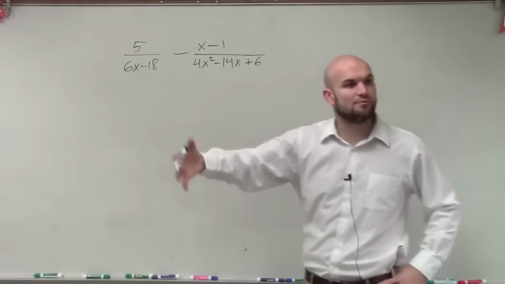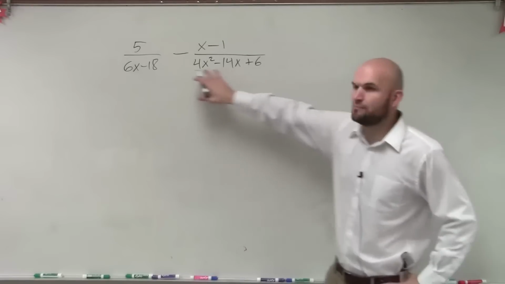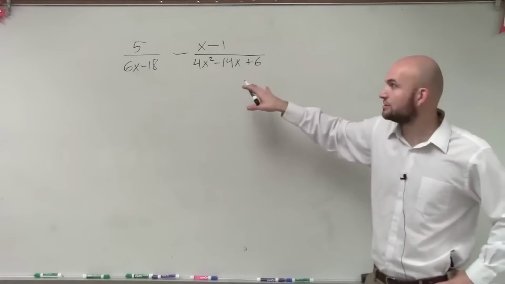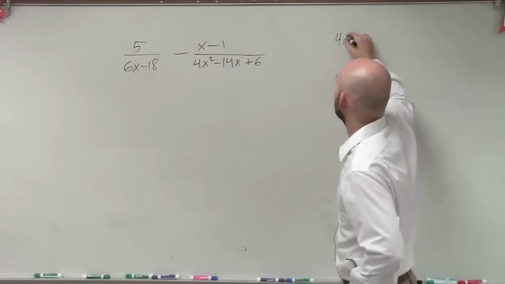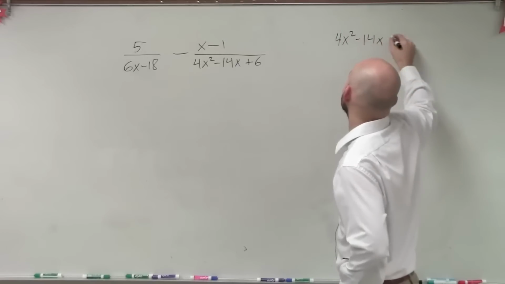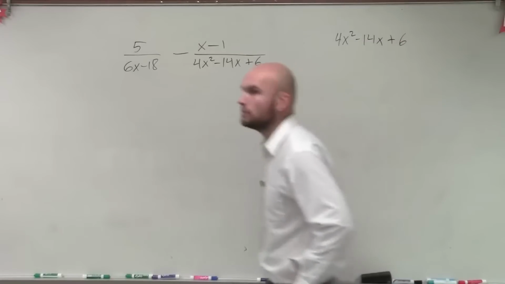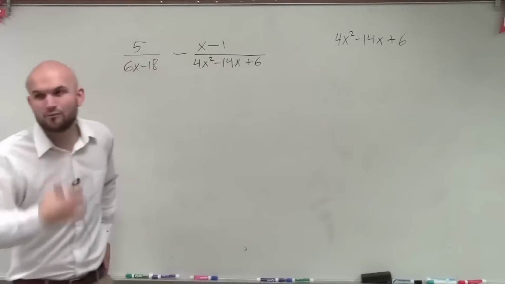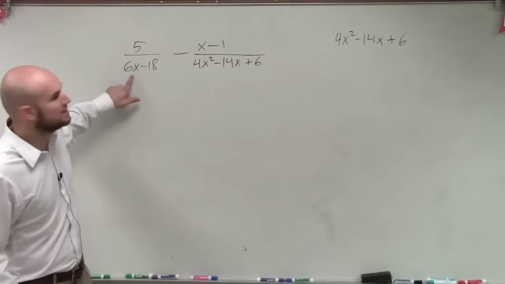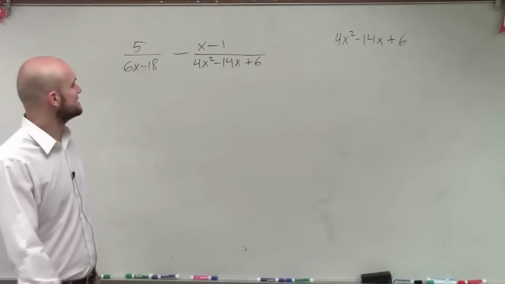So just like when we did multiplying and dividing, if you have polynomials or binomials, let's factor them out. So here I have 4x squared minus 14x plus 6. So now what we're going to have to do is factor that out. And when we factor it out, let's assume 6x minus 18 is a factor.